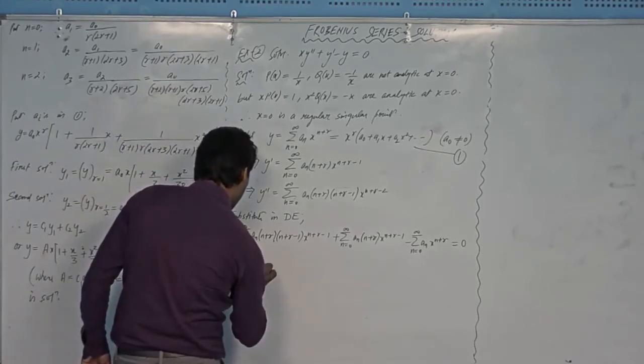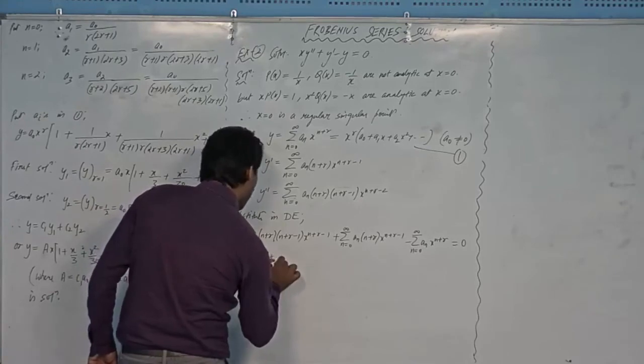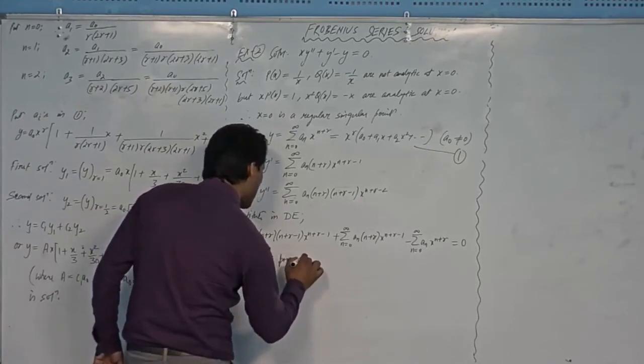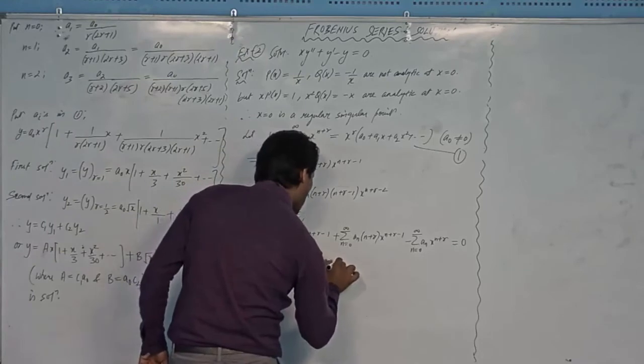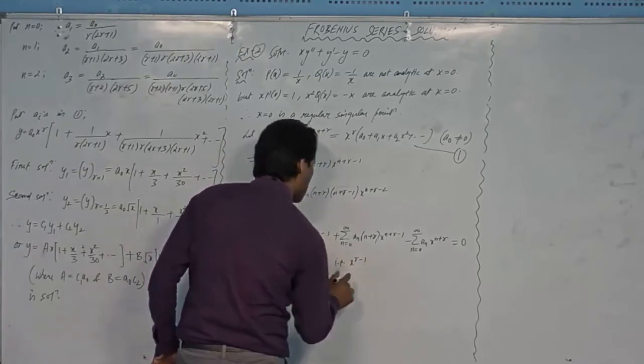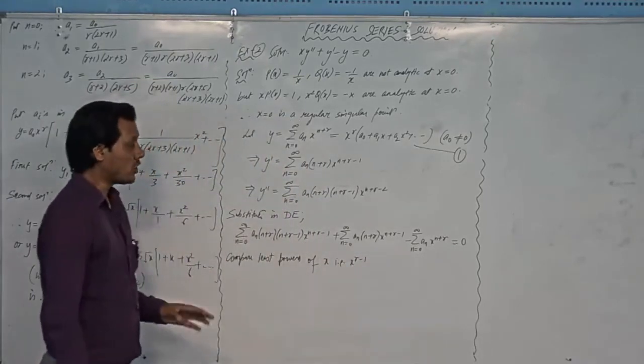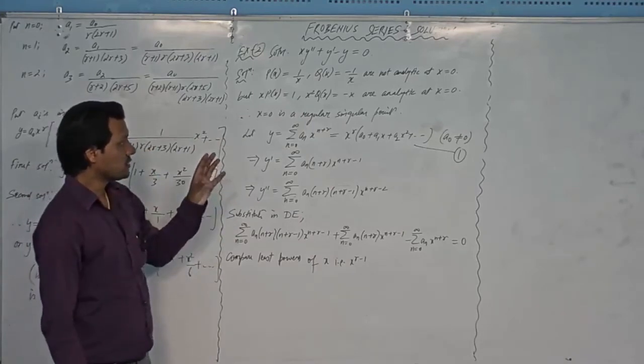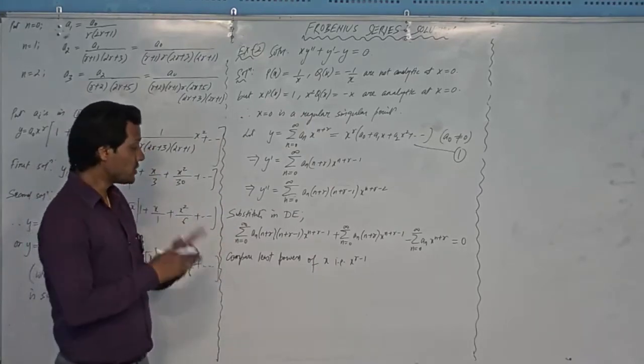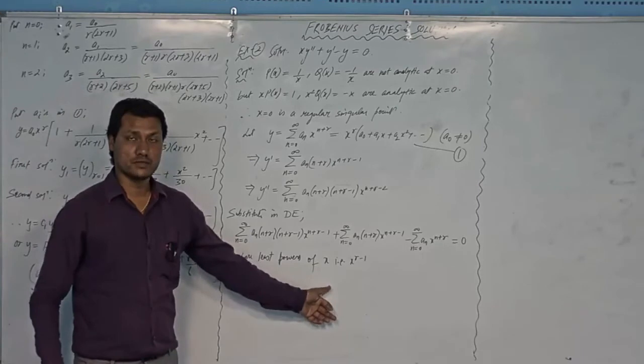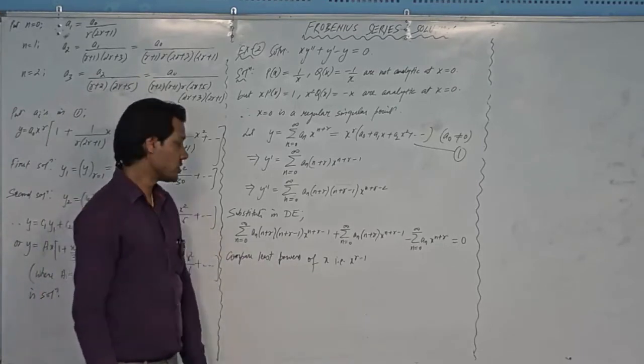Compare the least powers of x, that is x to the power r - 1 in this example. In order to get the indicial equation, you must compare the least power of x, otherwise you will not get an indicial equation.